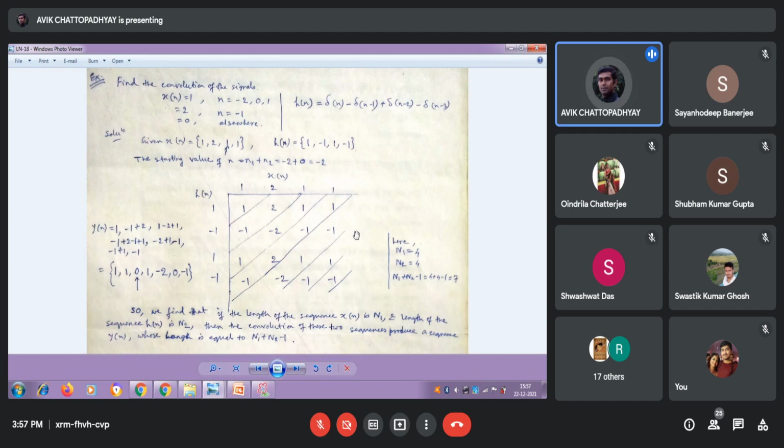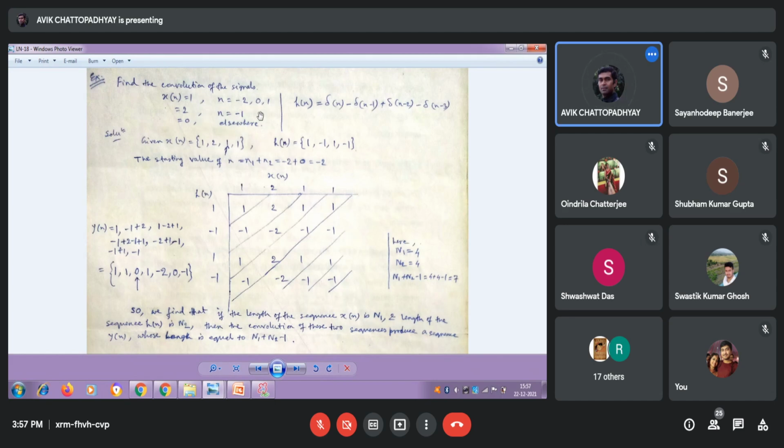Suppose x[n] is represented in the sequence representation. You know that. So in terms of the sequence representation, I'm going to represent x[n]. When n is 0, it is 1. When n is 1, it is 1. When n is -1, it is 2.